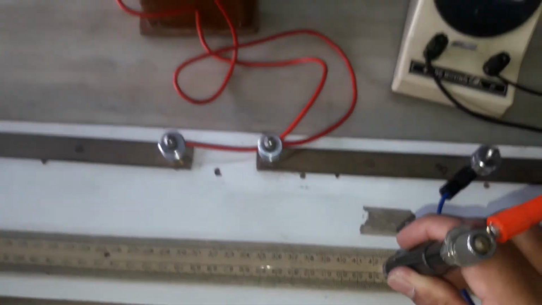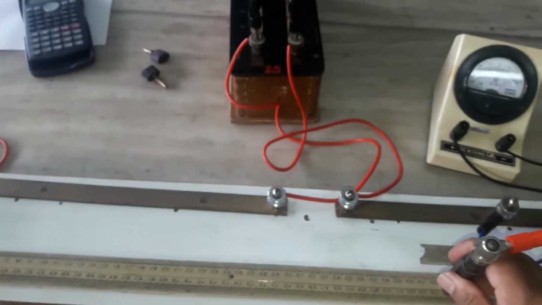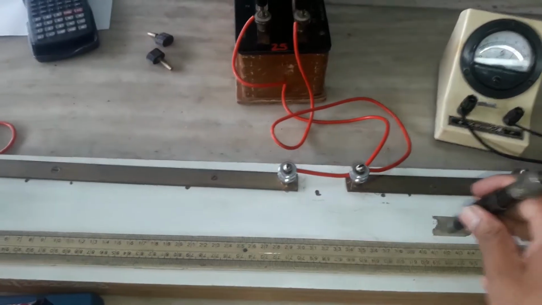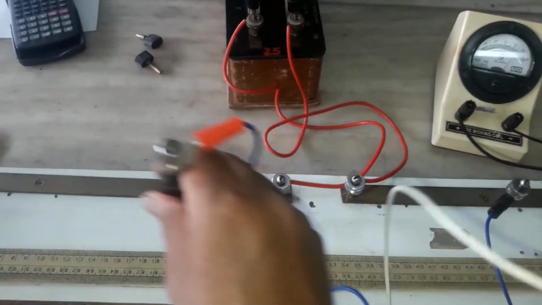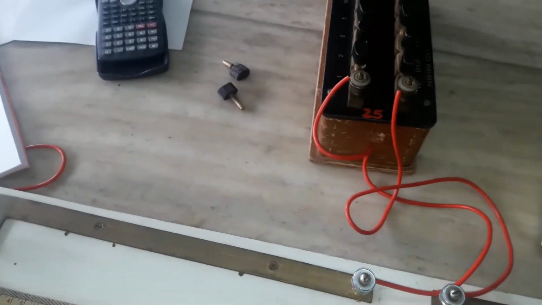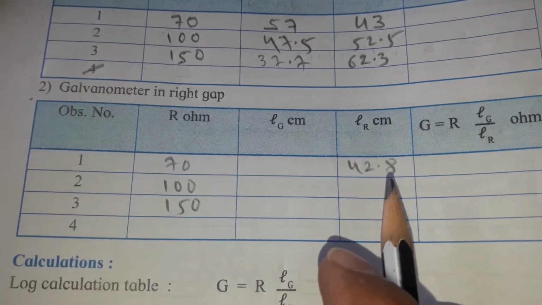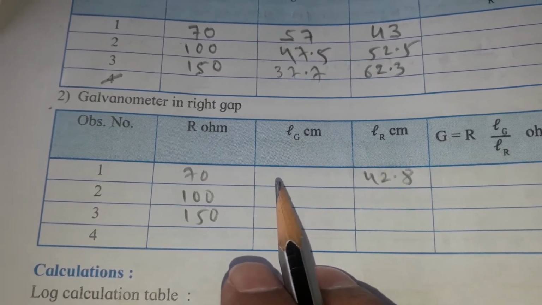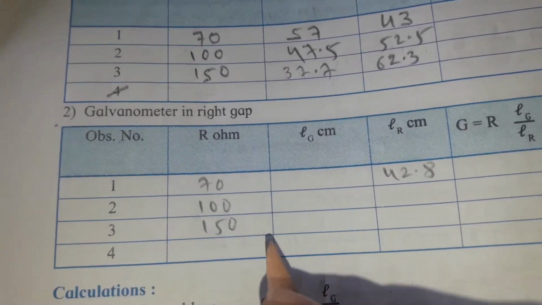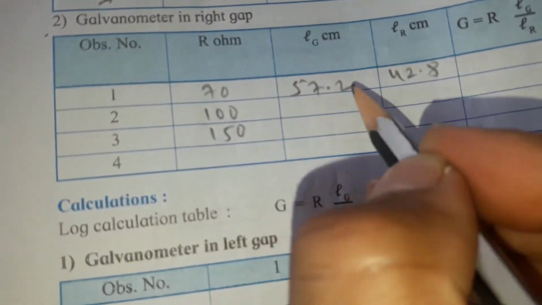But you see now students, in this case we are connecting the resistance towards the left side. So this length, that is 42.8, is LR. So our LR is 42.8, and 100 minus that will give LG. So LG must be 57.2.